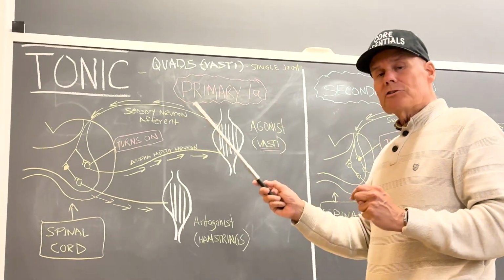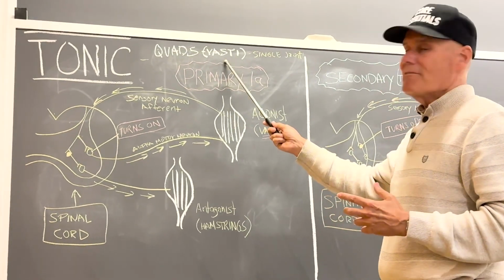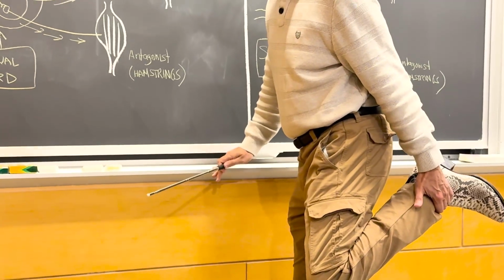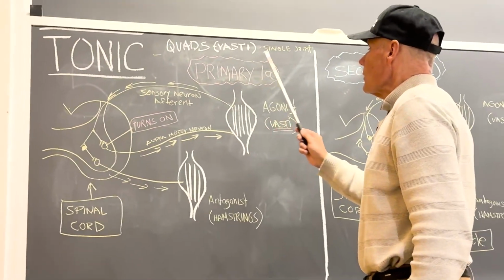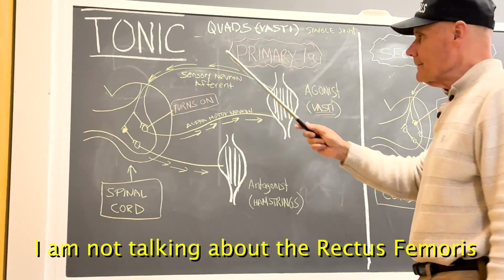So if we want to stretch a tonic muscle, let's say the quads, or more specifically the vasti, the muscles of the thigh. If we want to stretch them, you see people doing stuff like this, okay? Stretching the quad. So it's a single joint muscle. It's a tonic, we know that.